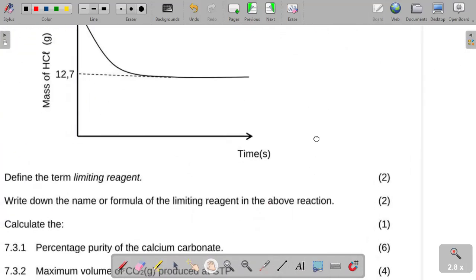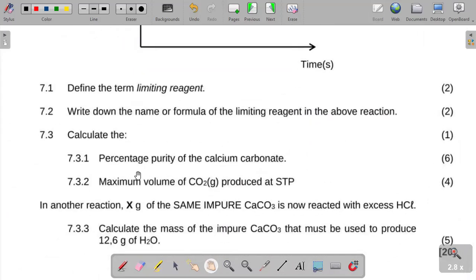This question is a long question, you see. It is 6 marks, so it has a few steps. It's not a simple question where you just use one formula, then you are done. So there's a process and you have to understand the process.